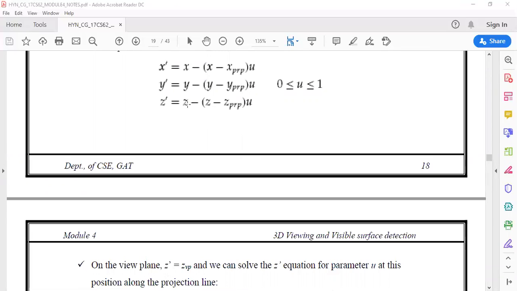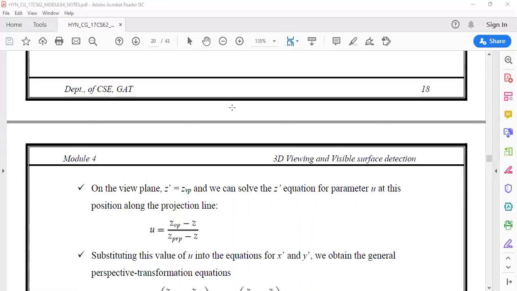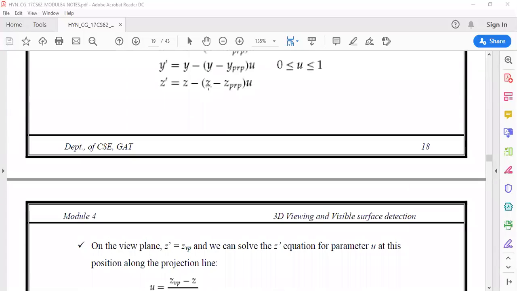So zvp minus z will be equal to minus u into z minus zprp. Now we have to calculate u. So u will be equal to zvp minus z divided by zprp minus z.